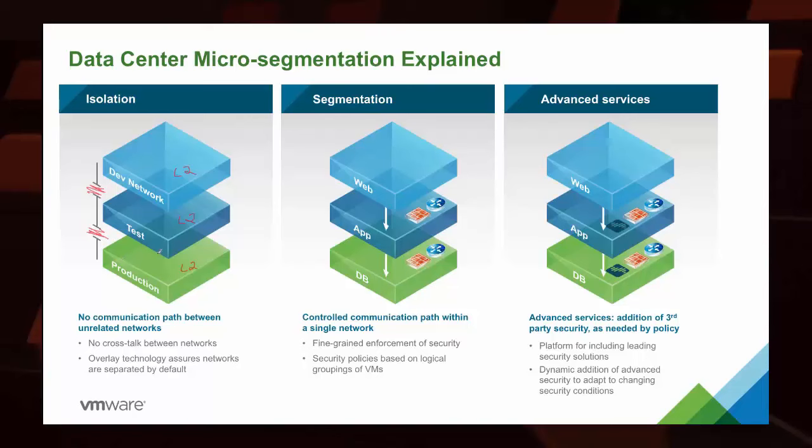But then to grow and control a communication path between the networks, we have distributed firewalls and distributed routing, so that as machines are communicating, they're communicating effectively in the way that we intend them to, and only through the policies that we allow.